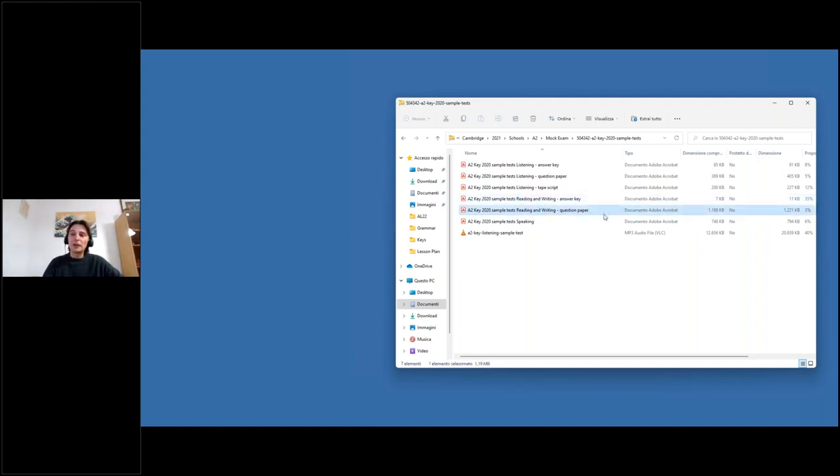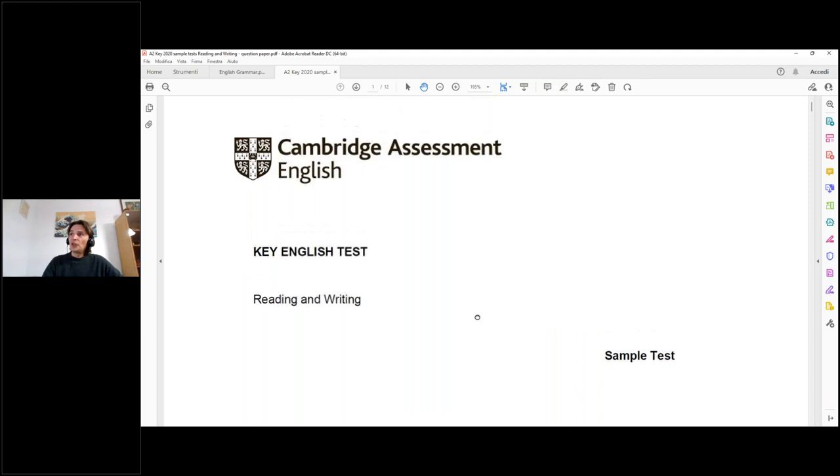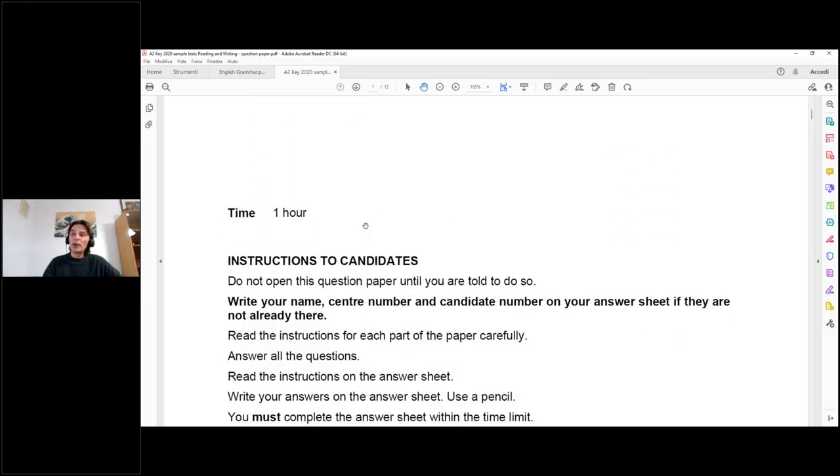So this is the file you're going to use today for the exam. Okay, I'm going to open it real quick for you guys. So this is what we're going to do tonight, the Cambridge Assessment English reading and writing. So it's going to take about an hour, so we have plenty of time.